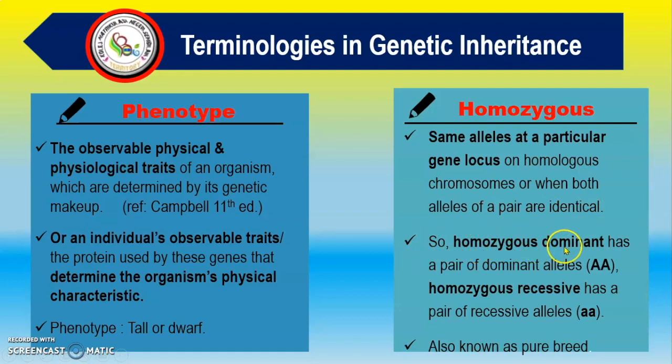So, homozygous dominant has a pair of dominant alleles, capital A capital A. Meanwhile, homozygous recessive has a pair of recessive alleles, which is small a small a. Homozygous dominant and homozygous recessive are also known as pure breed.